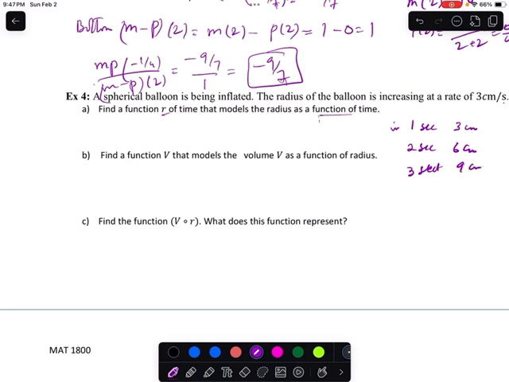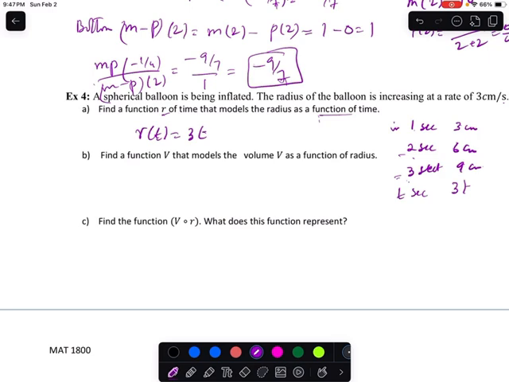So can you see what is happening here? I have time. So in t seconds, it will be 3 into t. That's how we are getting these: 3 into 1 is 3, 3 into 2 is 6, 3 into 3 is 9. Which means r of t is equal to 3t.